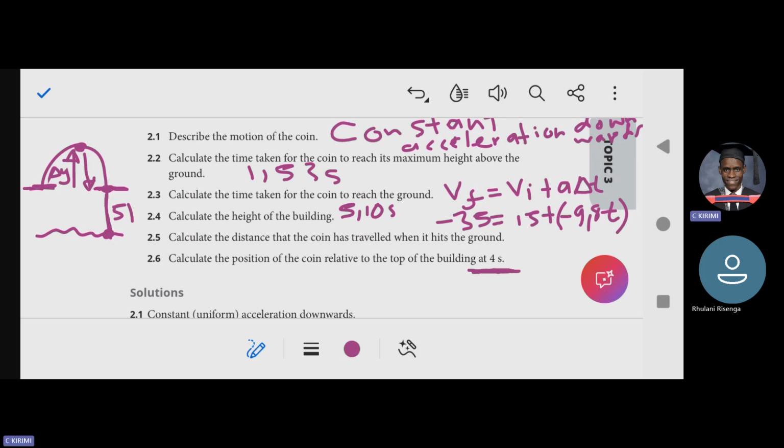Then the last point is we want to find the position after 4 seconds. Which formula do you use then? Delta x is equal to VI delta t plus 1 over 2 acceleration delta t squared. Correct. So let's calculate. At what position relative to the top?